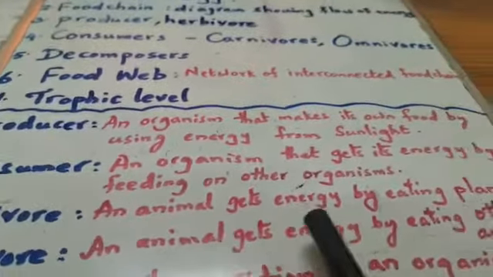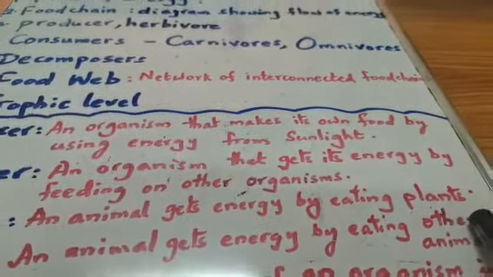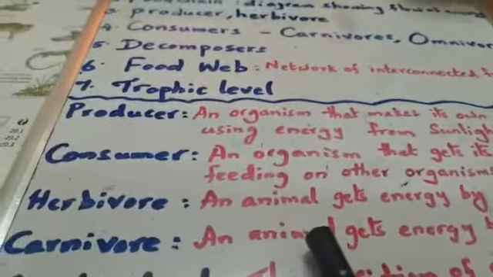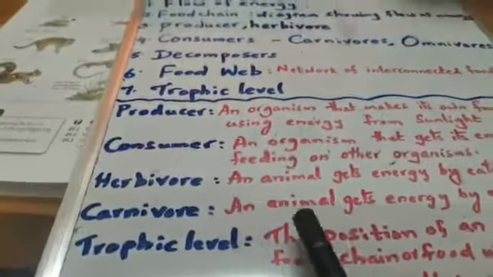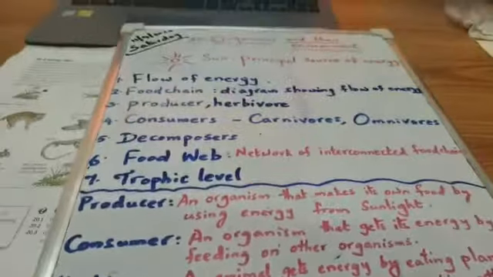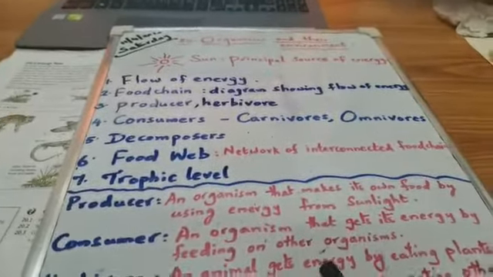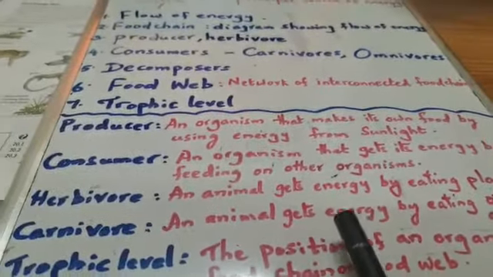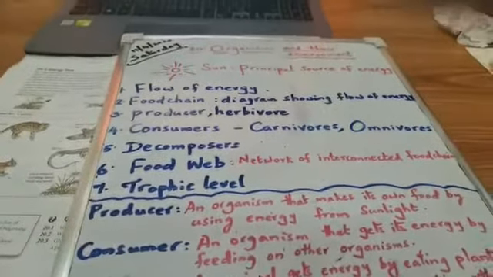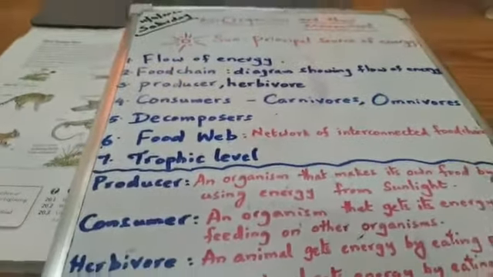Carnivores are animals that eat other animals. And omnivores, I didn't write it here, are animals that can get energy from both plants and animals. Organisms that can eat both plants and animals are called omnivores.